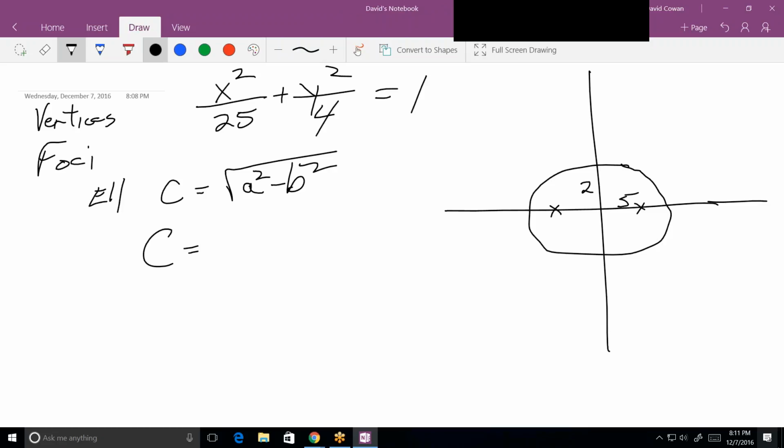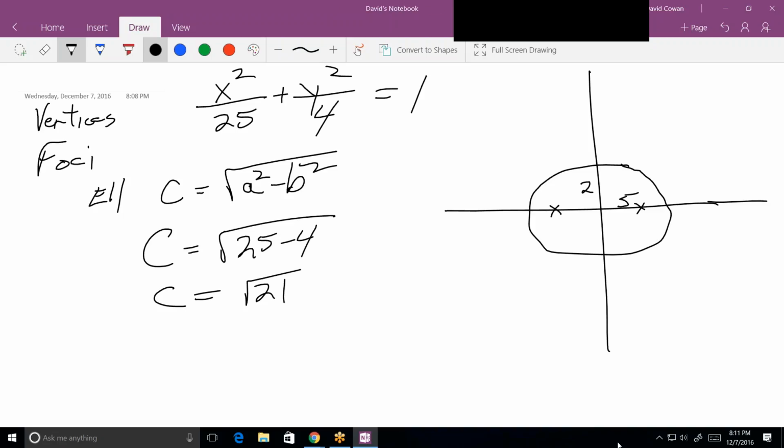Well, you don't need a calculator to do this. A squared is 25, B squared is 4. That's the square root of 21. That's what C is. Oh, okay. Gotcha. Decimals are merely hurting you here.